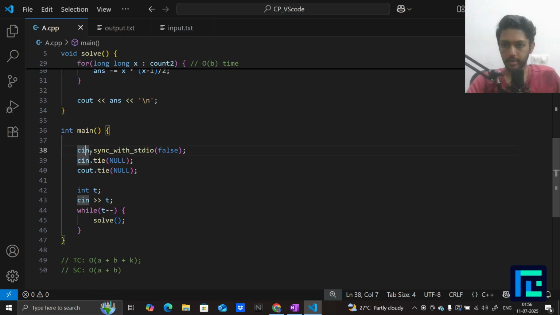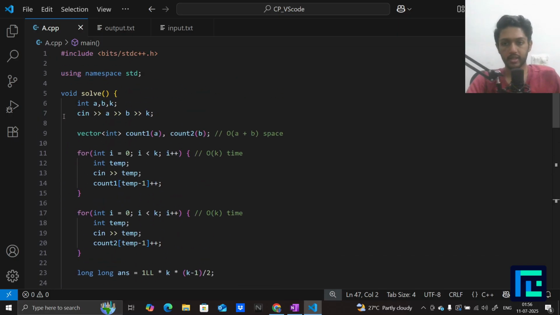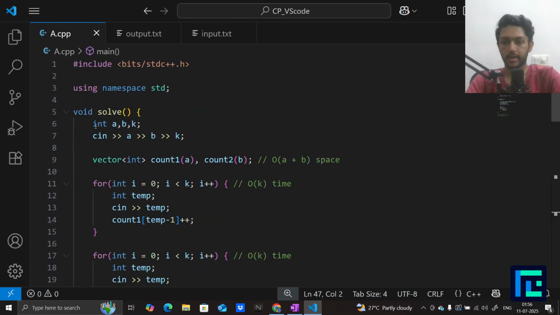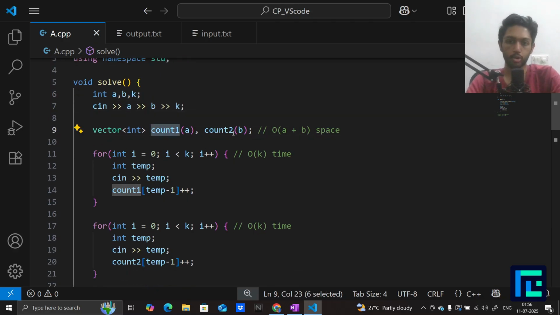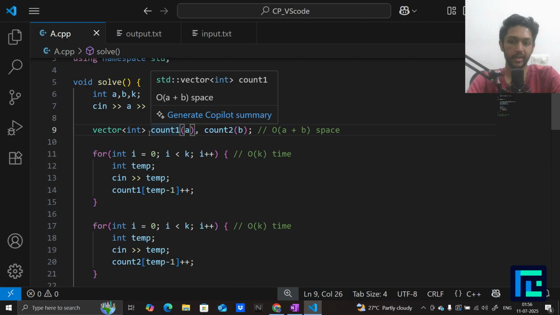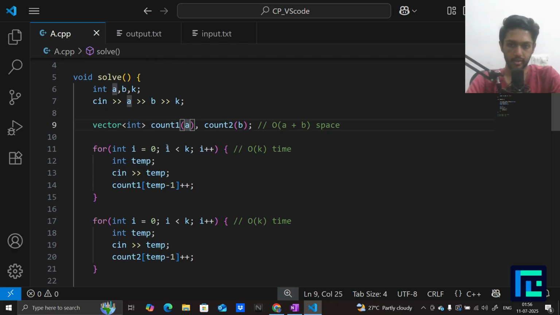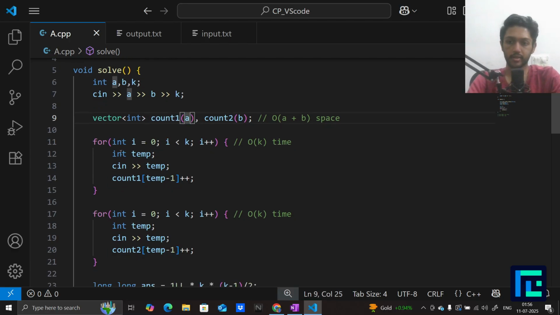So here in the main function I have the fast IO and the typical test cases stuff, and then in the solve function I have int a, b, k, then I have count1, count2. This count1 of i stores, for boy number i, how many couples he is a part of, like basically how many girlfriends the boy i has, right? So I'm just taking in the input, int temp, cin temp.